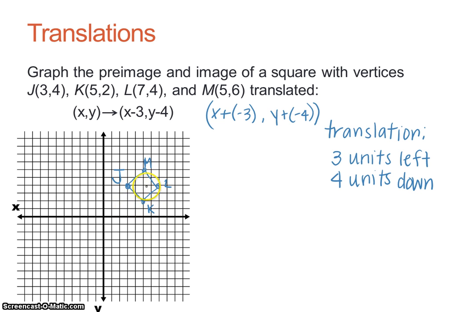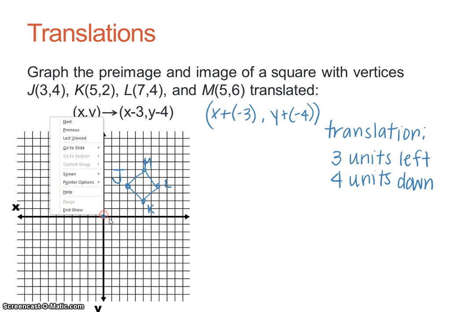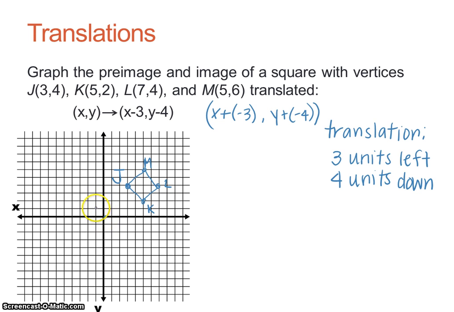And so now we're going to take each point and we're going to go down 4, left 3. So we'll take our J, and this becomes J prime. Take our K, this becomes K prime.